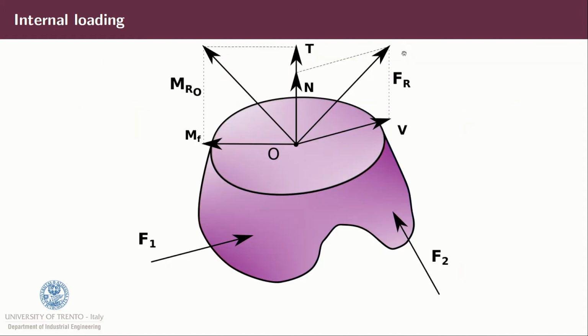In general, we can decompose the resultant force Fr into the force V and the force N. The force N is orthogonal to the cross-section, normal to the cross-section, and the force V is a force tangent to the cross-section.